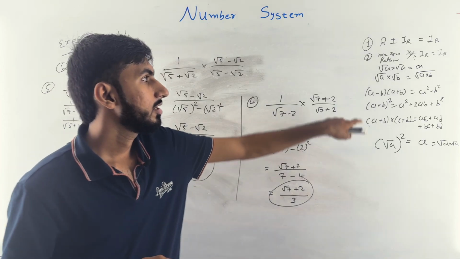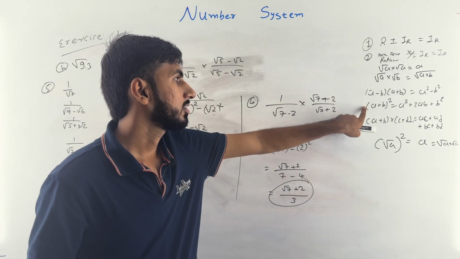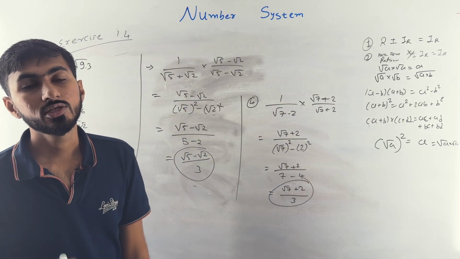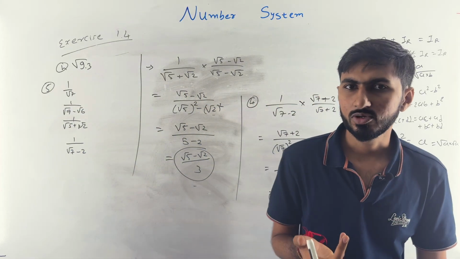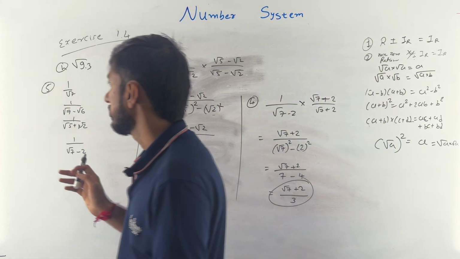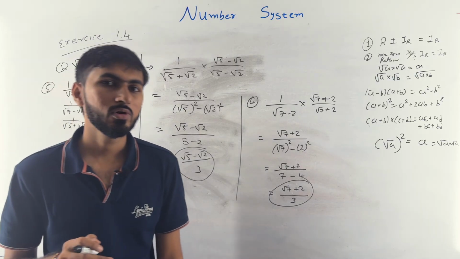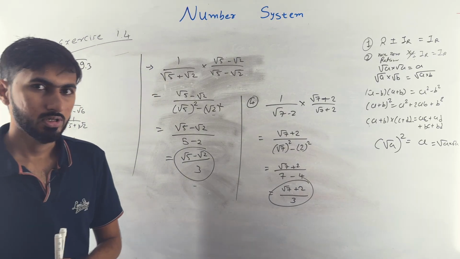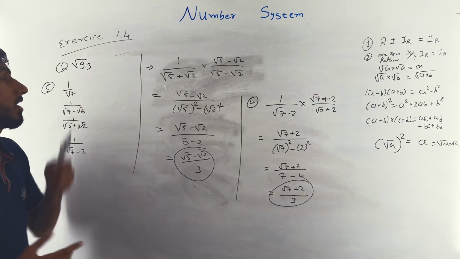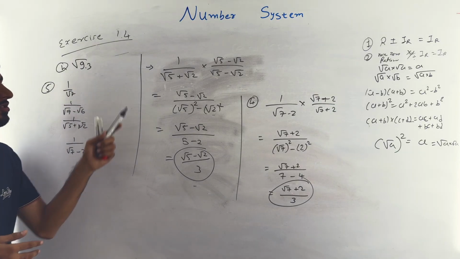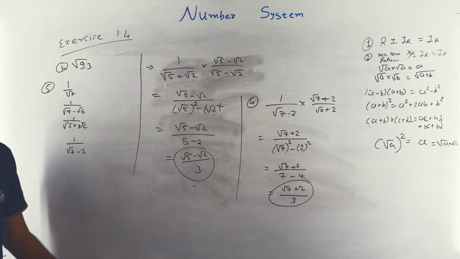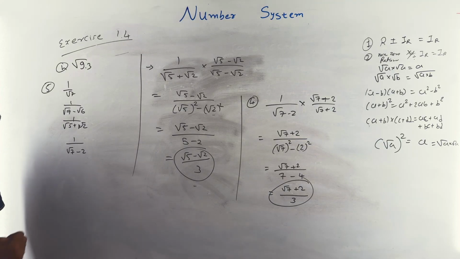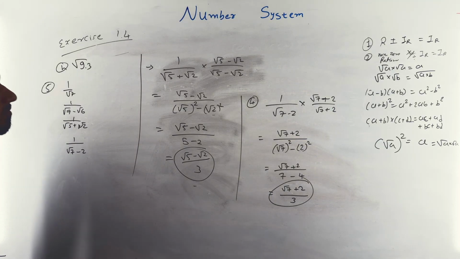We have used some identities like these three, and there is a most important identity, that is a minus b multiply a plus b, that is a square minus b square. This identity is used in those questions. Then we have learned how to represent a number like square root of 9.3 on the number line. The process is very easy for this. Now rationalization of the denominator, right? So these four things you have to learn in exercise number 1.4.